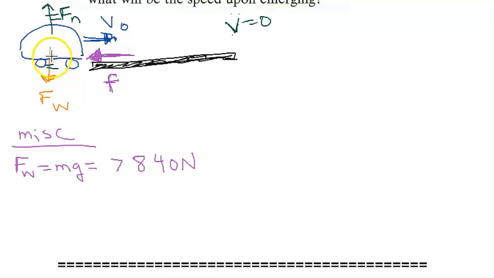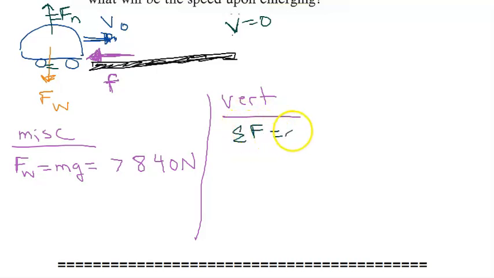It's actually attracted to the earth with that much force. And vertically, you have two forces, and nobody's winning because it's not accelerating up and down. So the normal force is the weight.